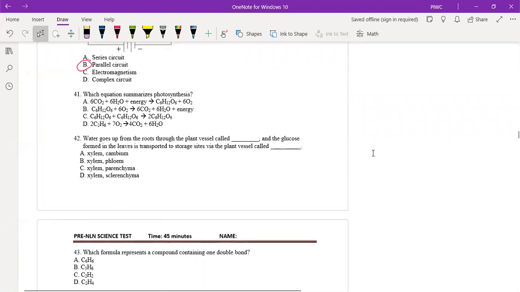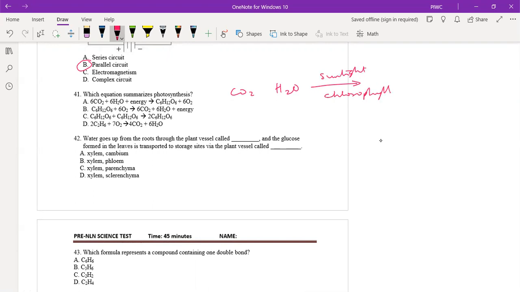Okay. Which equation summarizes photosynthesis? So remember that for photosynthesis you need carbon dioxide, you need some water, and then you need sunlight. And chlorophyll must be present for you to have photosynthesis.